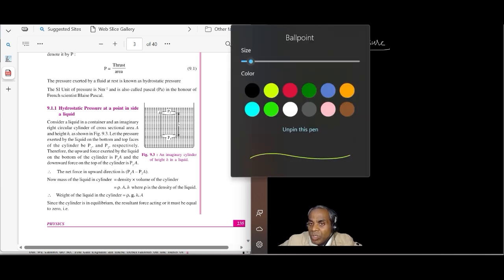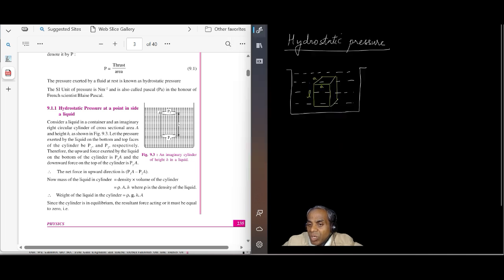So now, what are the forces? We saw that liquid exerts forces normal to the surface. On the top side, there is a force which is trying to push the object down. Similarly, at the bottom, there is another force which is trying to push the object up.